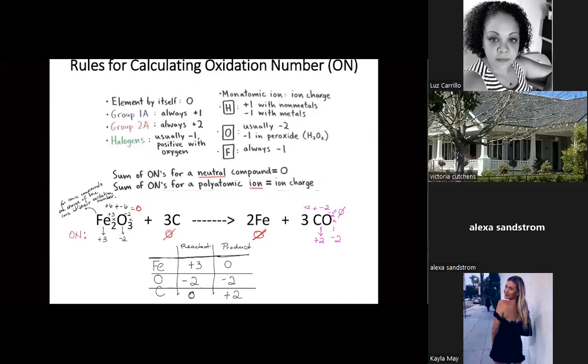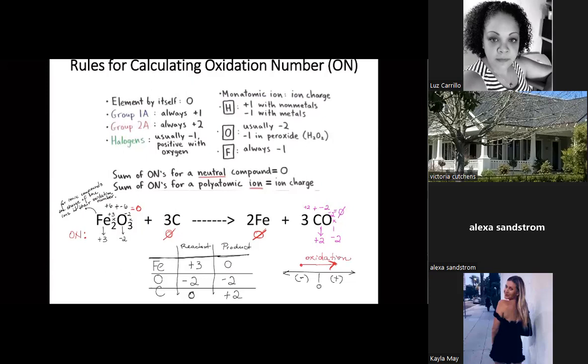We need to find out who got reduced and who got oxidized. I actually like to view this as a number line, where this is 0, and these are the negative values, these are the positive values. Whenever I have atoms going from somewhere negative, maybe towards 0, maybe towards positives, when they're going in this direction, these are atoms that are undergoing oxidation.